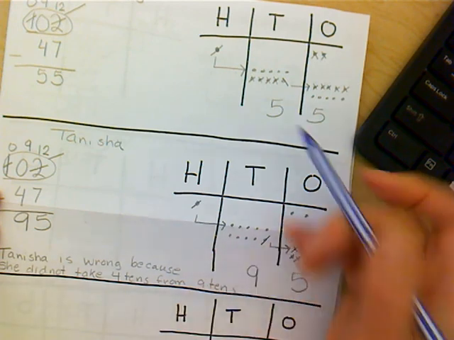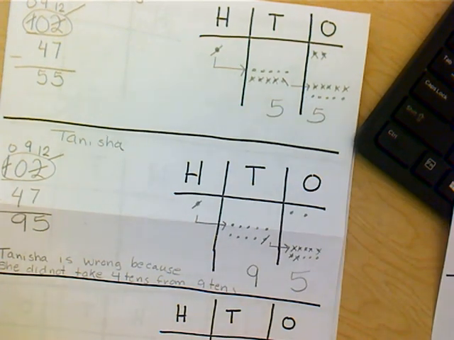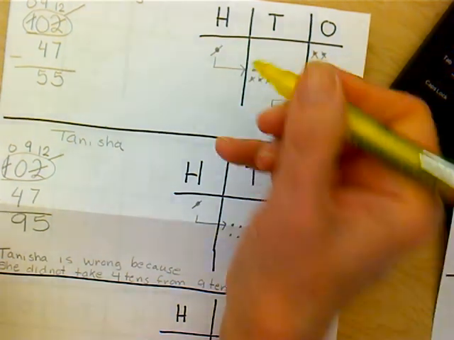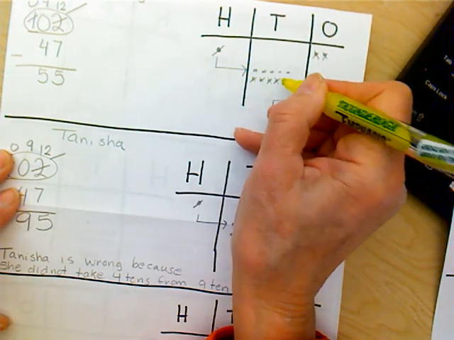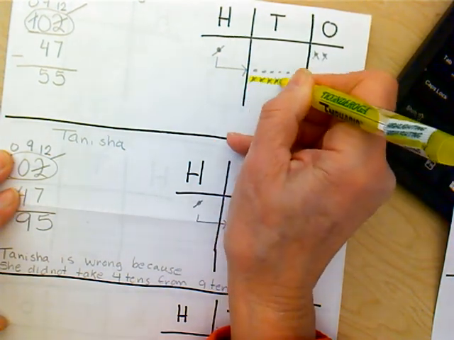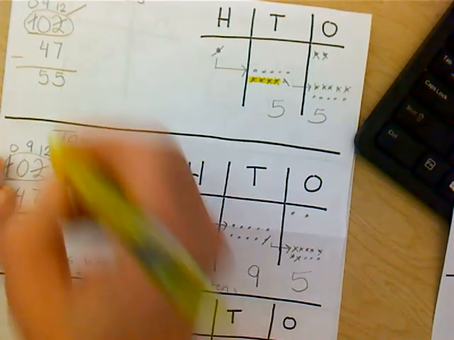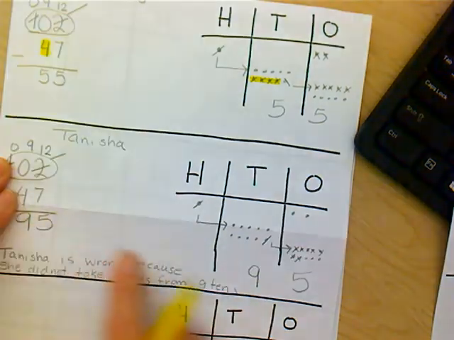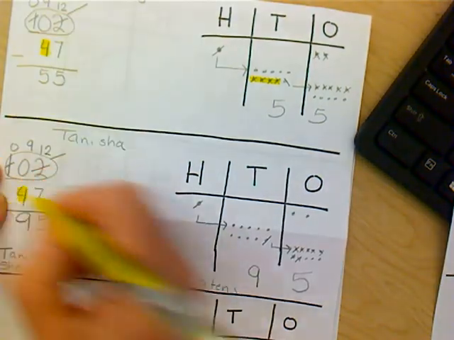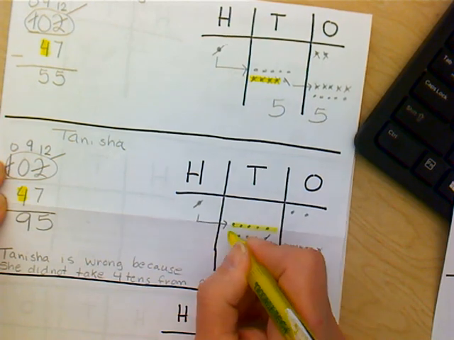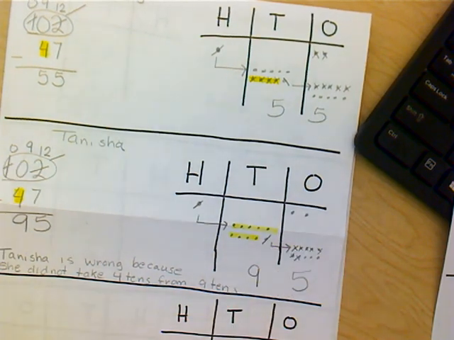Well, I think Tanisha forgot to do an important part, which was to take away these 4 tens right here. I think she did not do that, which is why she ended up still with 9 tens.